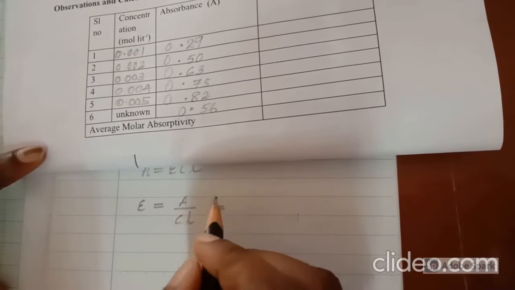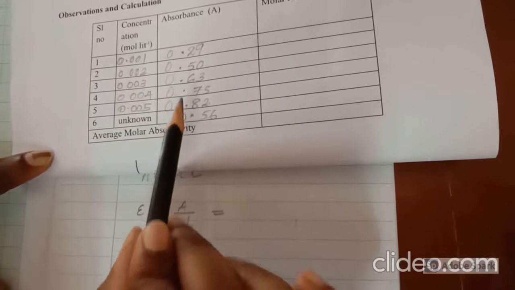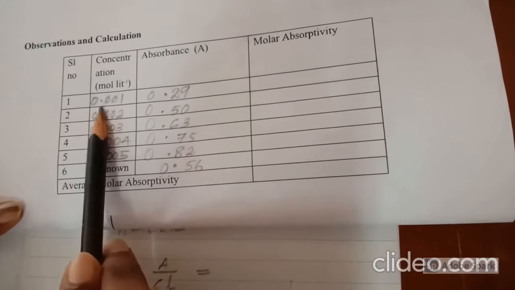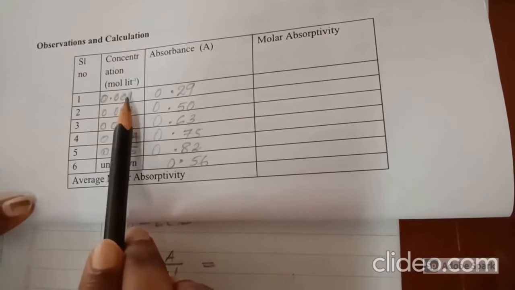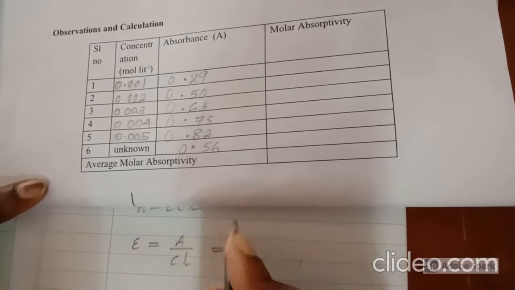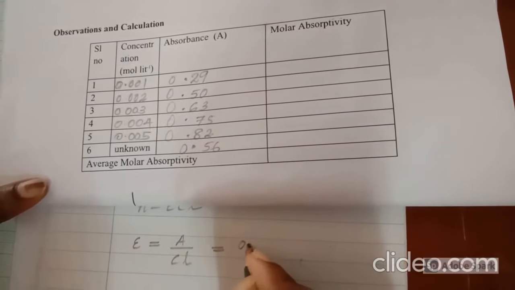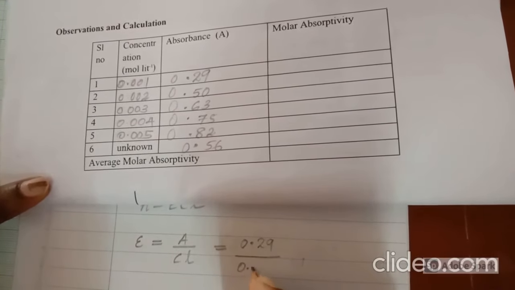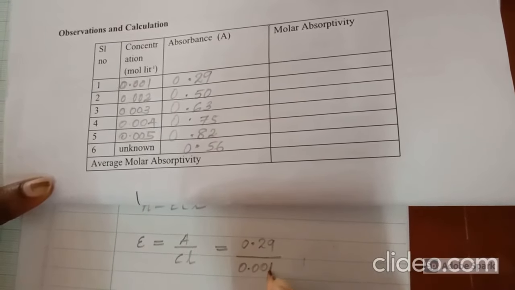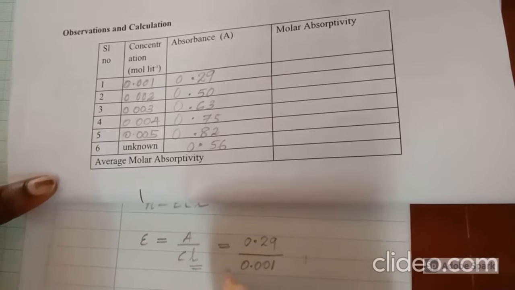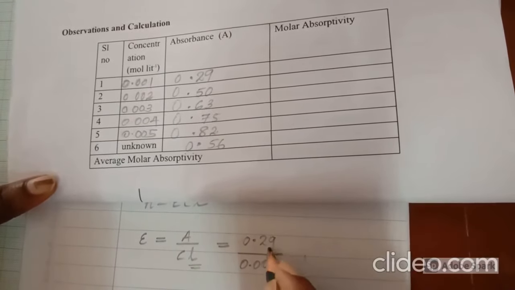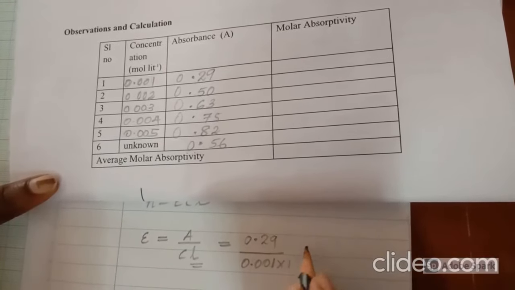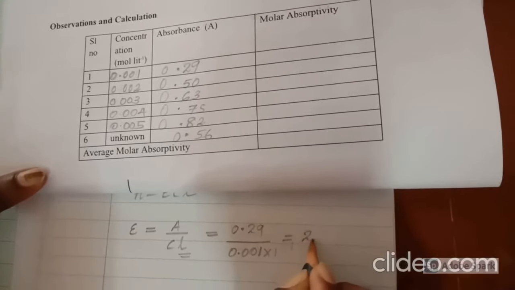For the first solution, the absorbance A is 0.29 and concentration C is 0.001. So ε is equal to 0.29 divided by 0.001 and the value of l is 1. So that is 0.29 divided by 0.001 into 1, which is equal to 290.